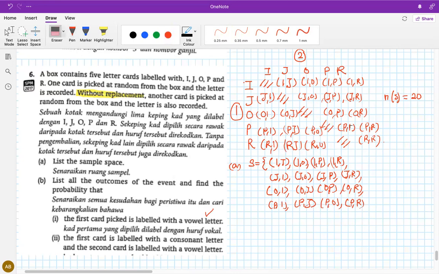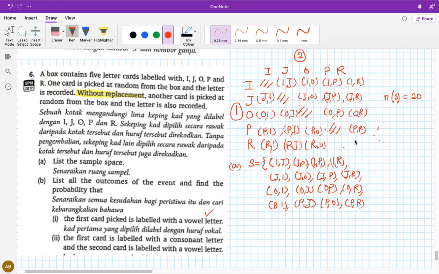So it shouldn't be a PP here, okay? So it's PR, right? This RR also cannot be, right? Okay. That's why you need to do it slow. Okay, we check properly.